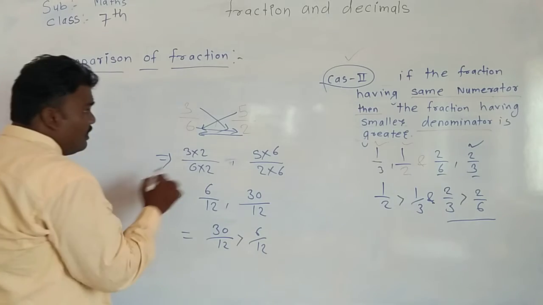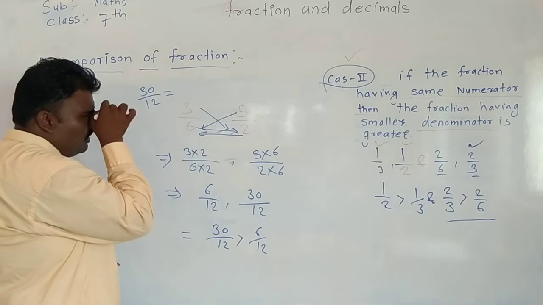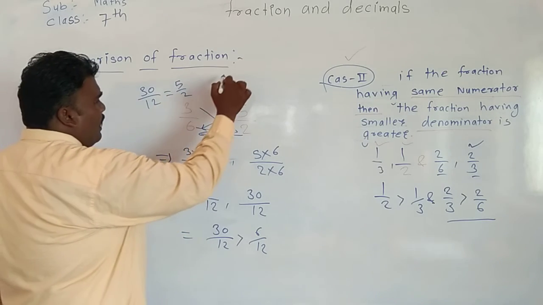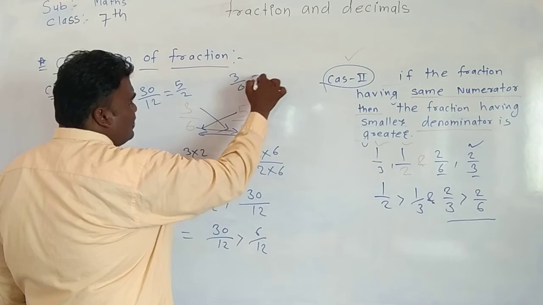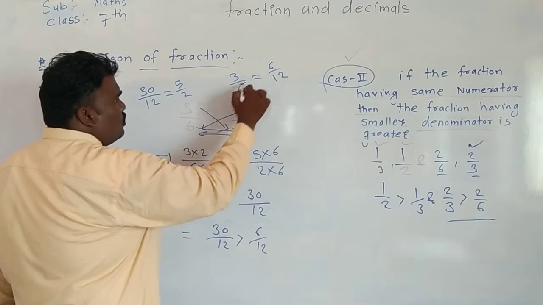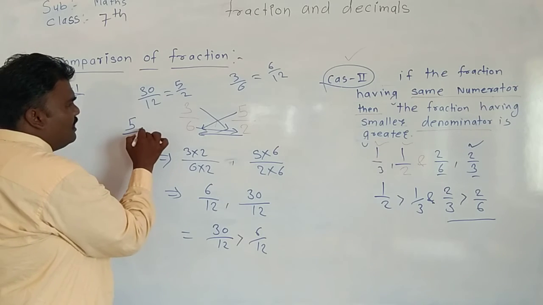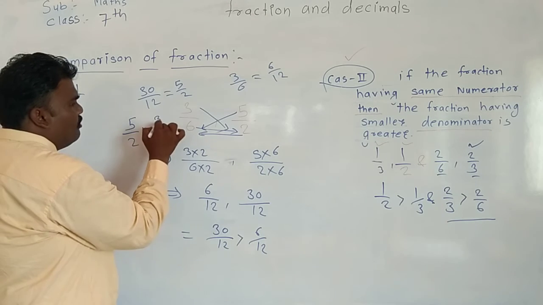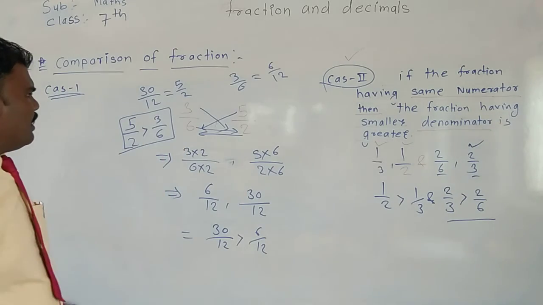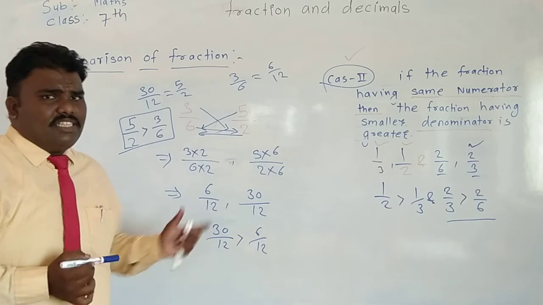Now look here, 30 divided by 12 is equal to 5 by 2, and 3 by 6 is equal to 6 by 12. Correct? So this is how we compare. So 5 by 2 is greater than 3 by 6. This is how we have to compare fractions in such cases.